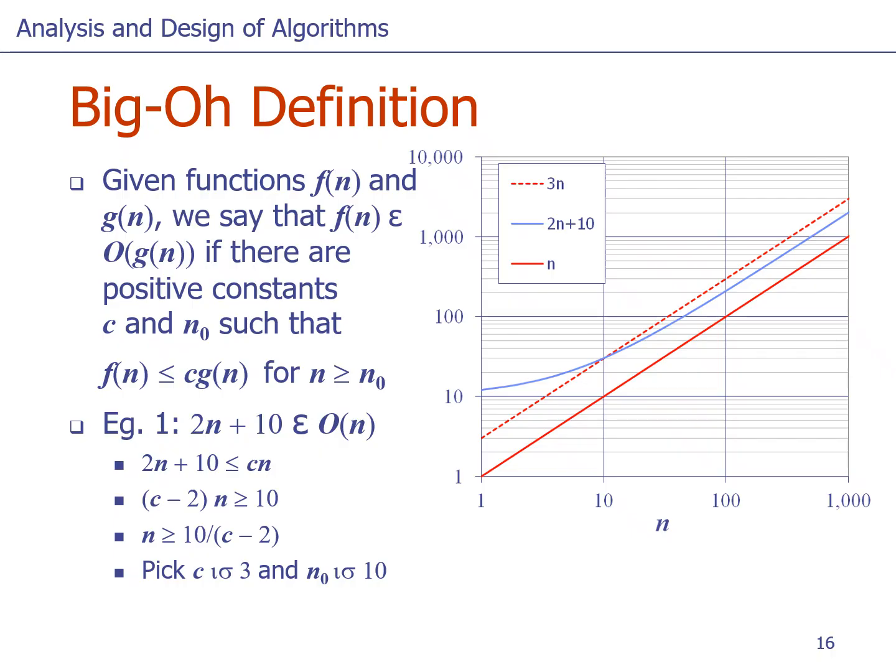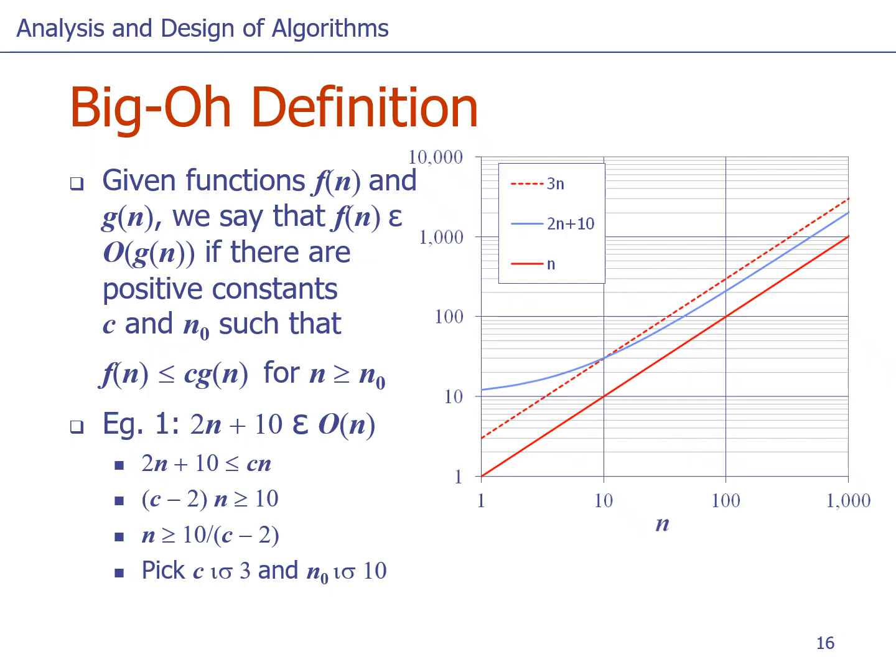But I'm not going to do that. I'm just going to say it's in O of n, and that's what the definition is allowing me to do. I can say that f of n is in O of g of n if I find these constants. Once I find the constants, I'm going to completely forget about them and say it's just in O of n, or O of g of n.